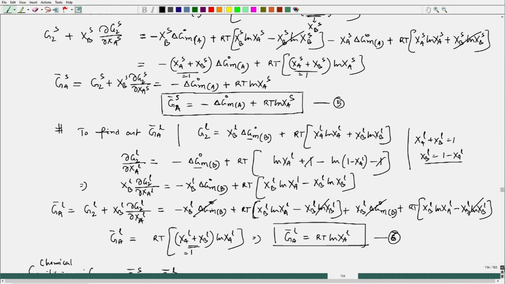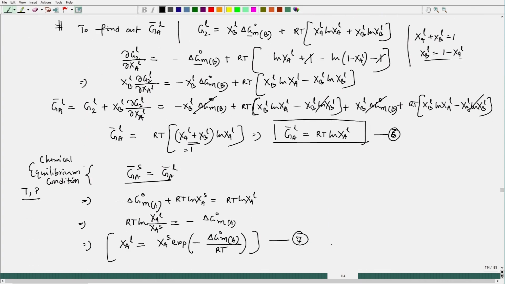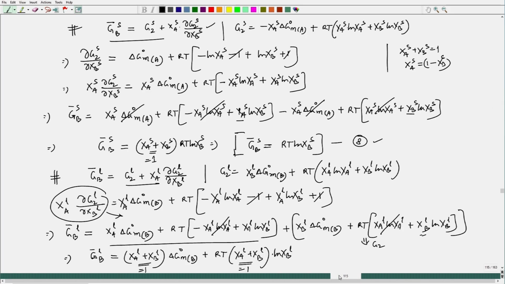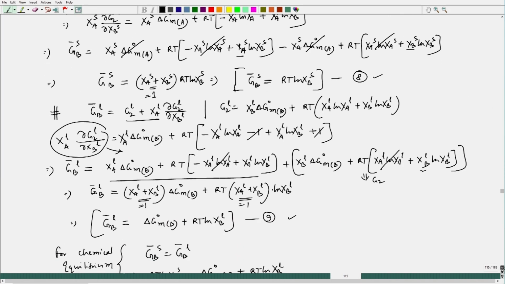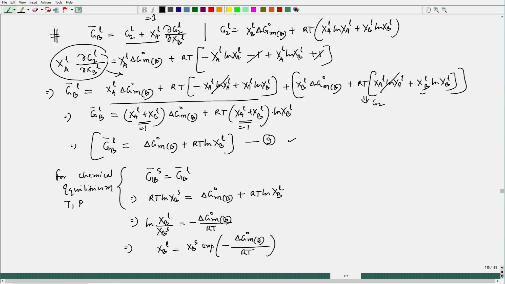If we recall equation 7, we got this, and let's say this equation is equation 10.